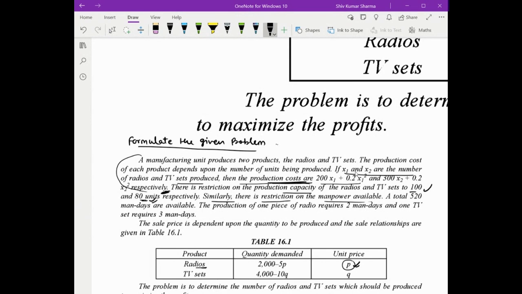So we make another constraint on the basis of that. Man days available are also limited, that means 520. One piece of radio set requires 2 man days, and 1 unit of a TV set requires 3 man days.